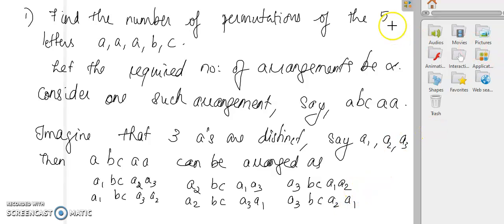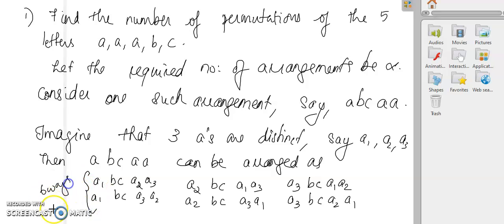So provided these 3 A's were considered to be distinct, when we take the distinct permutations, there are 5 factorial permutations. Then among the 5 factorial permutations, A, B, C, A would be repeating in 6 ways.